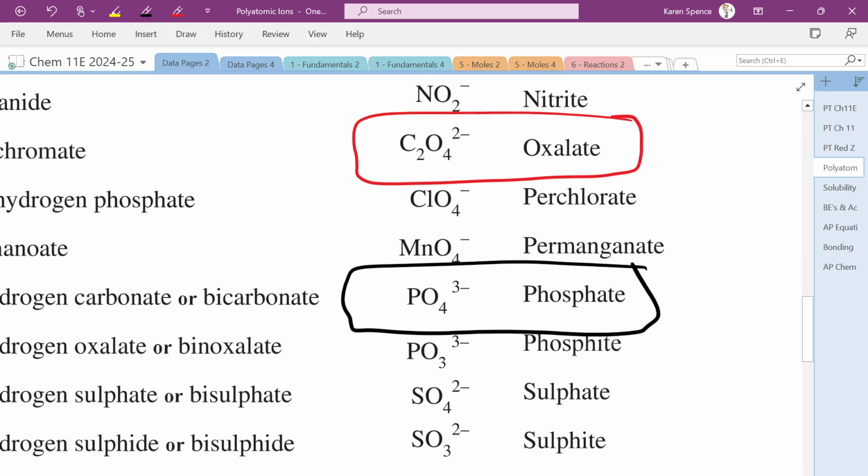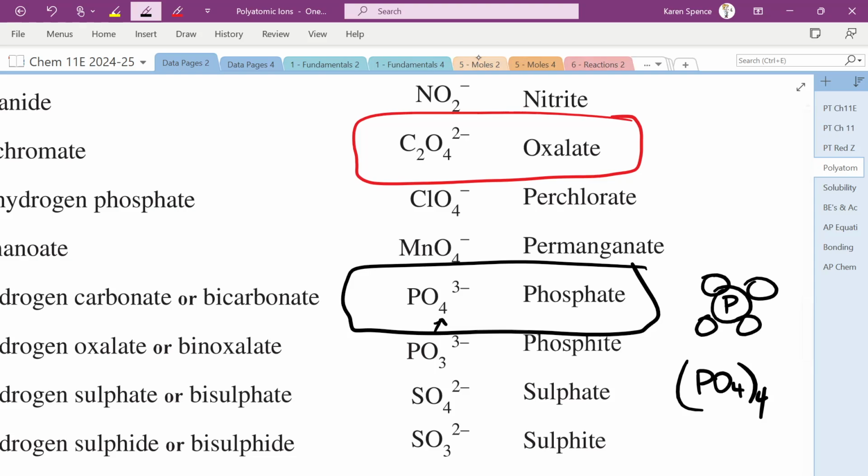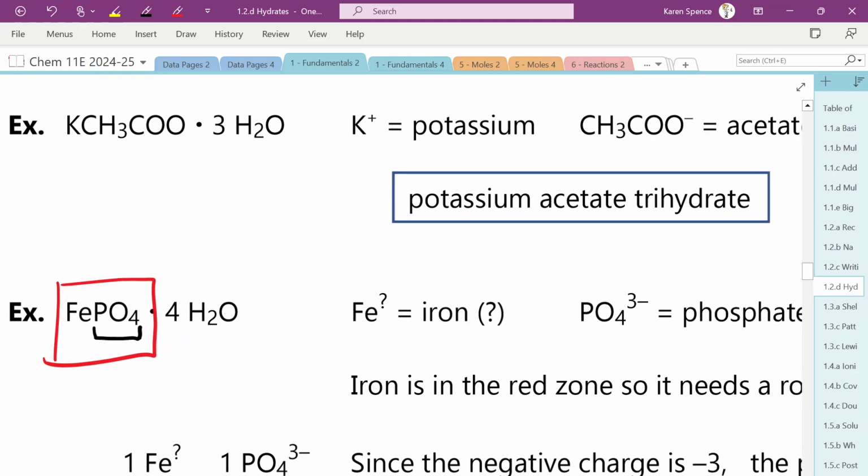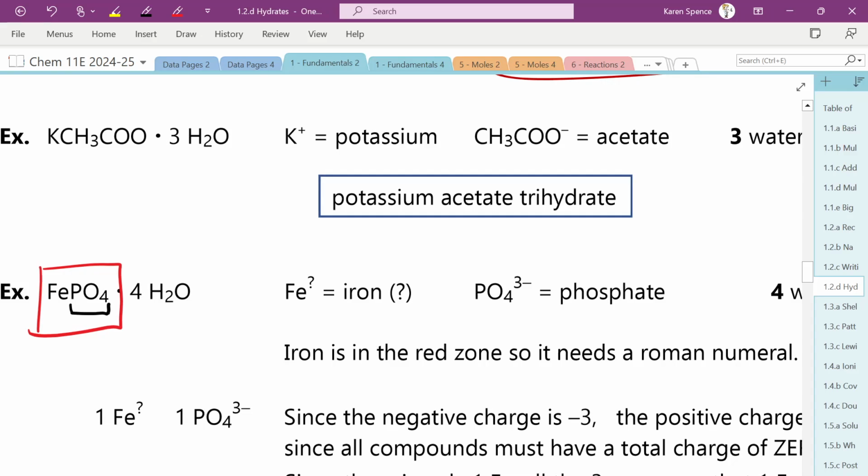Don't get fooled by that little 4 there. That 4 means that we have a P with 4 O's attached. It doesn't mean we have 4 phosphates. If I had 4 phosphates, I'd have to do (PO4)4. So I have PO4, 3 minus. That means my iron has to be 3 plus to have the charges balance out. So now we have iron(III) phosphate tetrahydrate.